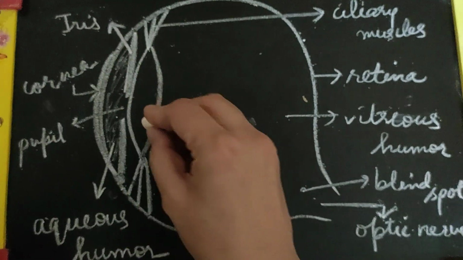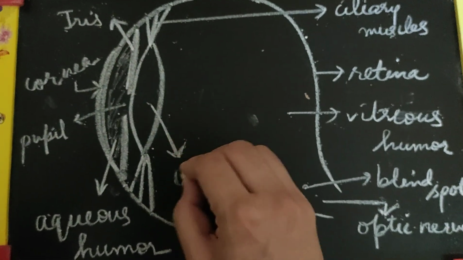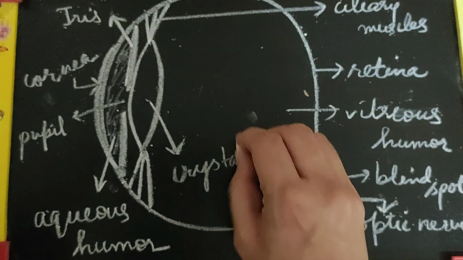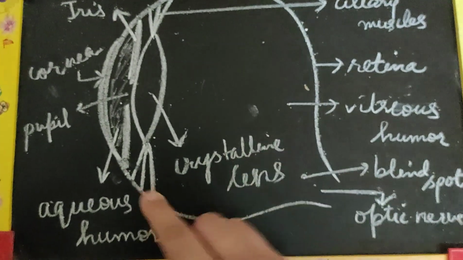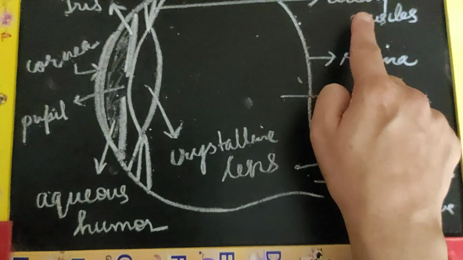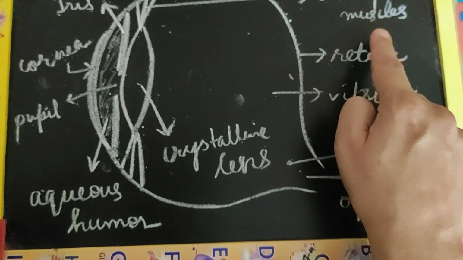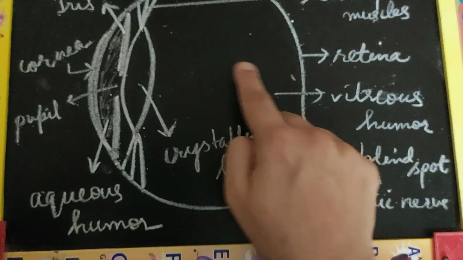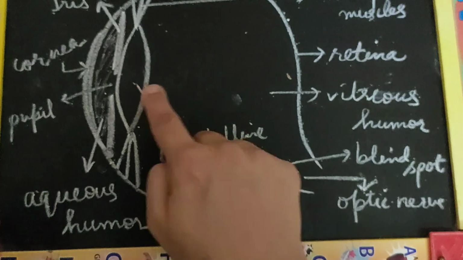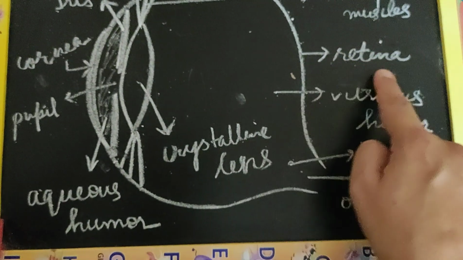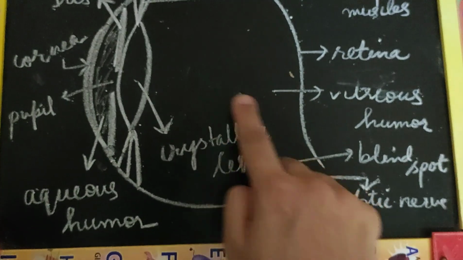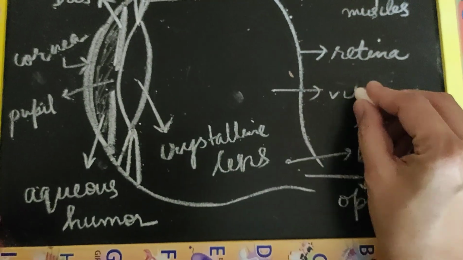Then comes the crystalline lens. It's a converging lens which is held in position with the help of these ciliary muscles. In between the lens and the retina, which is a photosensitive film where images are formed, is a fluid called the vitreous humor.